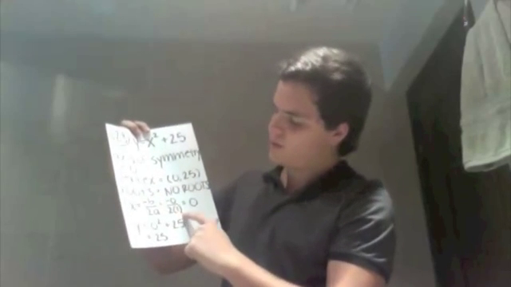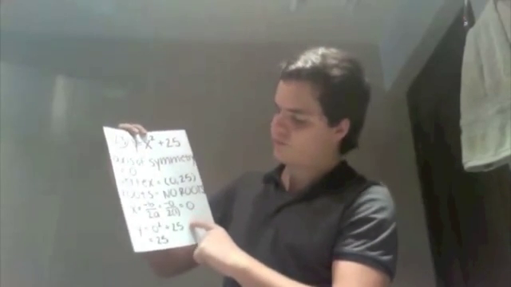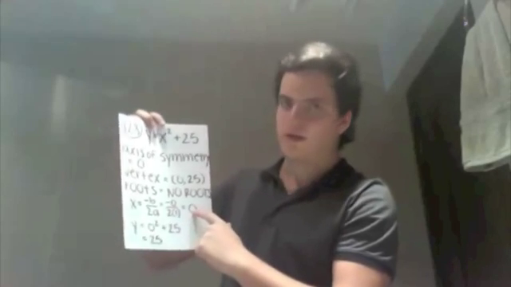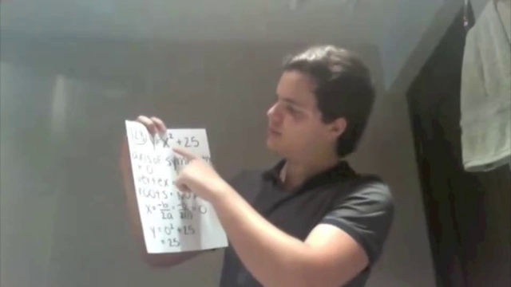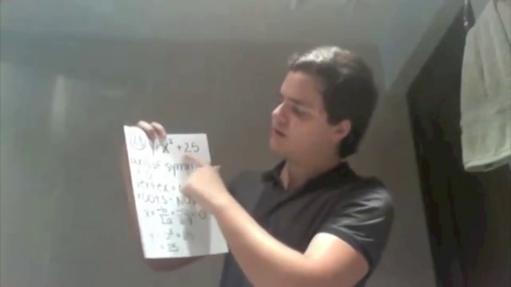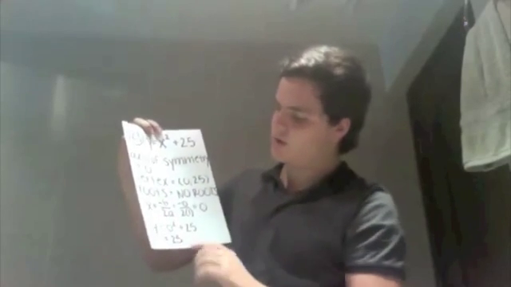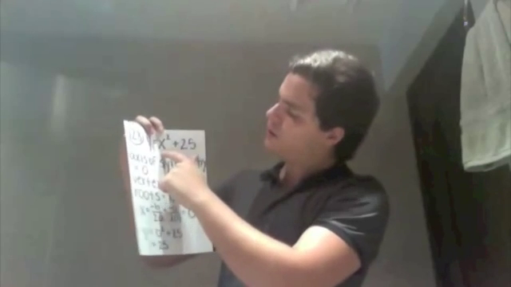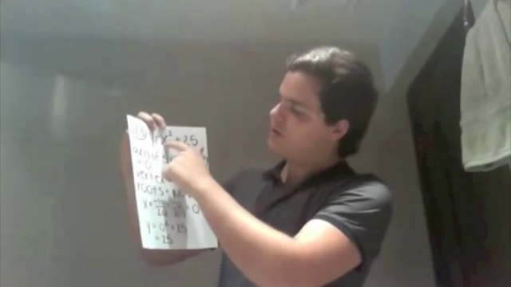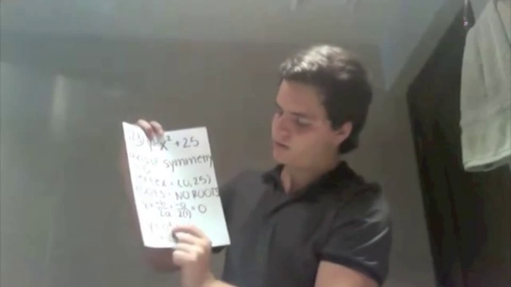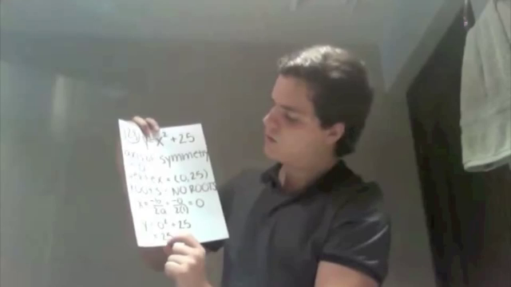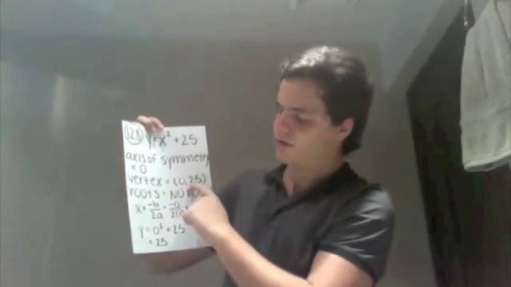This will equal 0. Then, after you have located the x of this quadratic equation, you'll have to replace it by the x's in this equation. You'll put it here, and since 0 squared is 0, you'll only have 25. And here, 0 squared plus 25 will be 25, so you have your vertex.